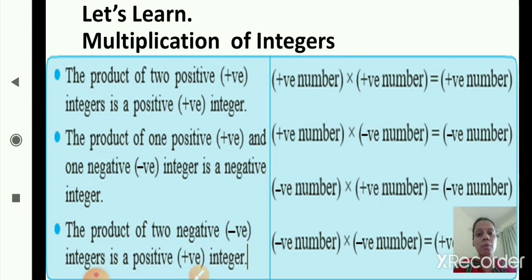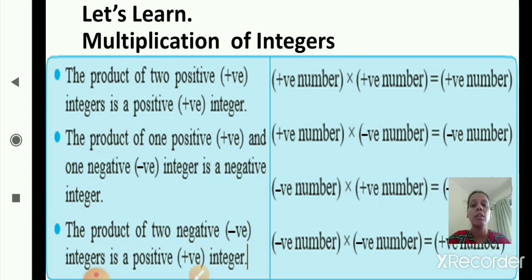If the first number is positive and the second number is negative, then the product is a negative number. Or if the first number is negative and the second number is positive, then also the product or the answer is a negative number. And the third rule: the product of two negative integers is a positive integer. The product or the multiplication of two negative numbers is a positive number or positive integer.